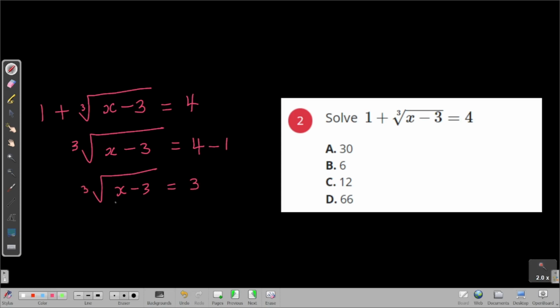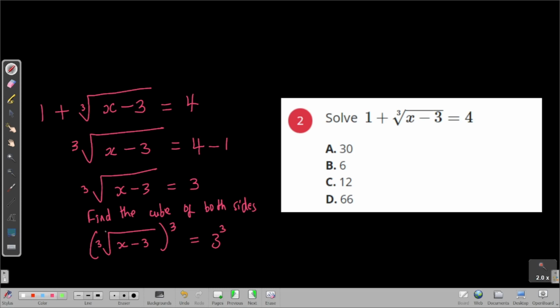For us to get rid of that cube root, you find the cube of both sides. So you have the cube root of x minus 3, cubed, is equal to 3 cubed.